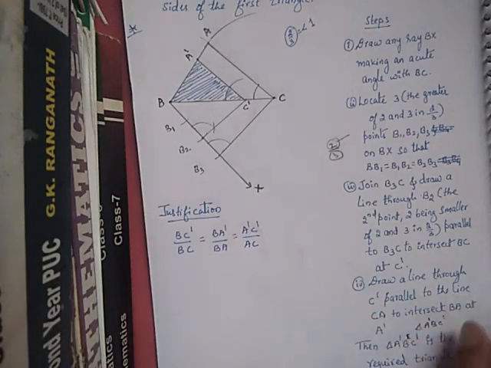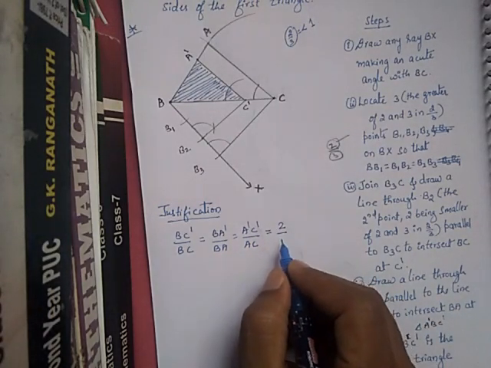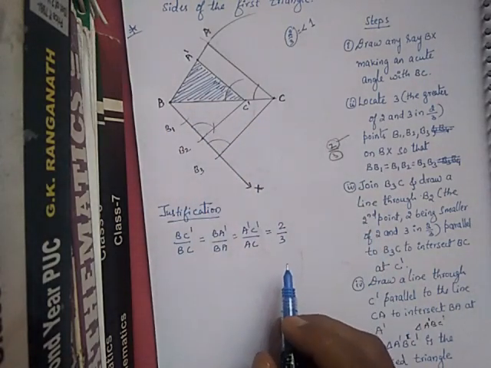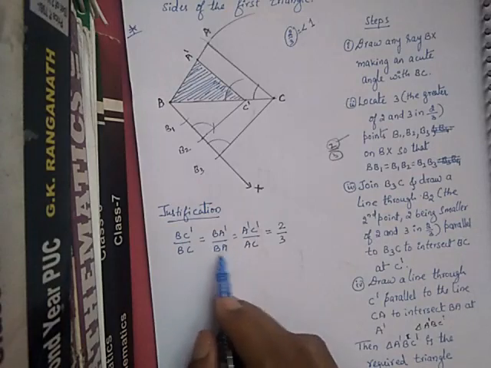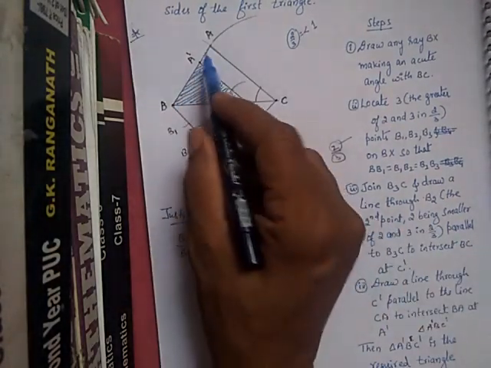So this should be equal to 2 by 3. So this line is divided in the ratio 2 by 3, and this is our intention. So if you make it here, these two triangles are similar.